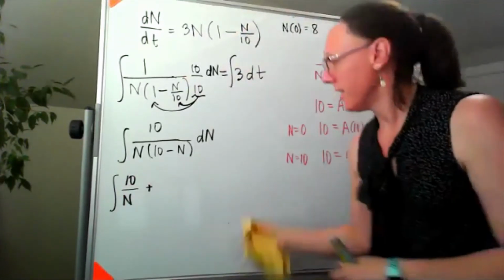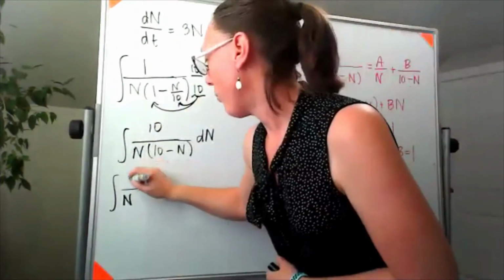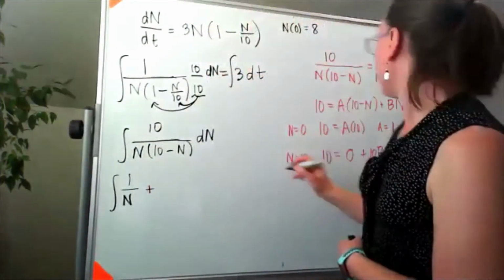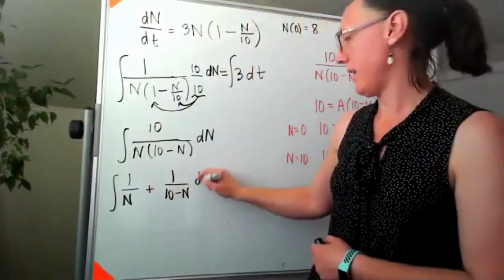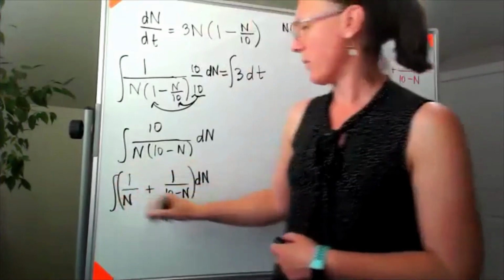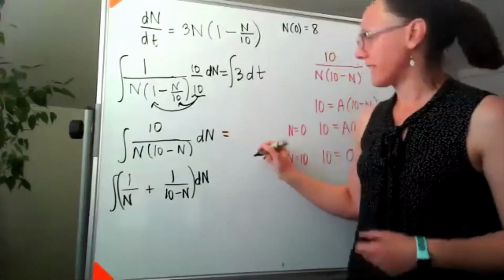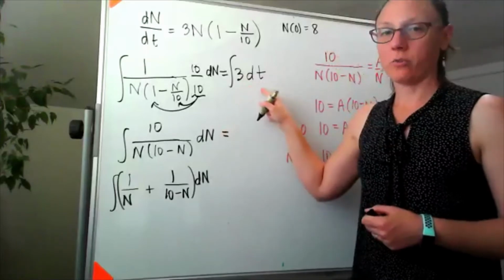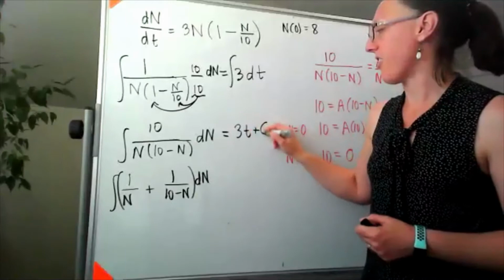My bad. 1 over n plus 1 over 10 minus n dn. And somewhere along the way, I lost my right-hand side. So let's go back and fix that. Well, if I integrate 3 dt, I'll get 3t plus a constant.